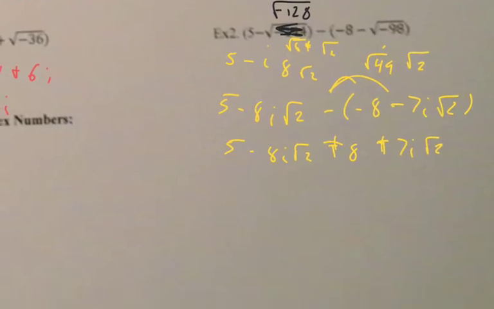And if you notice here, we have 8i rad 2, 7i rad 2. We can combine like terms. So first, 5 plus 8 is 13, and minus i radical 2, because negative 8 plus 7 is negative 1, so we have negative i rad 2.